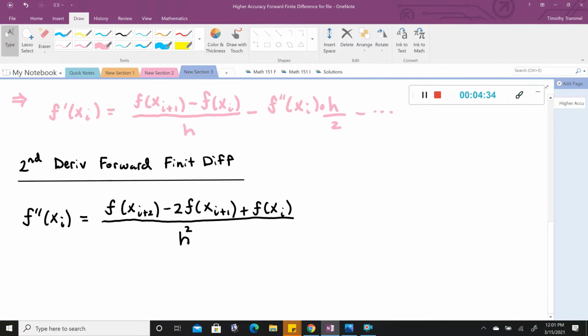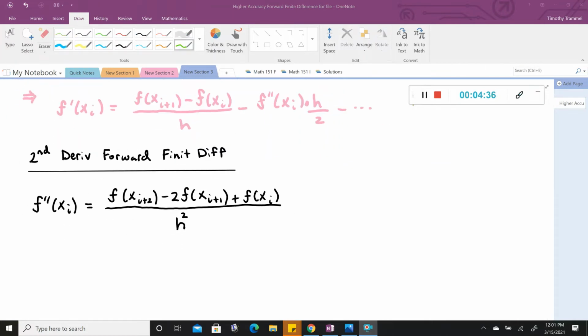So this gives us f prime of x sub i is equal to f of x sub i plus 1 minus f of x sub i all over h, and then minus this thing times h over 2.